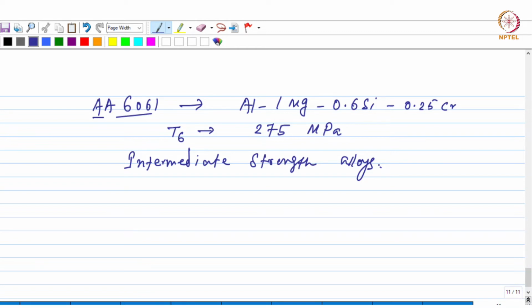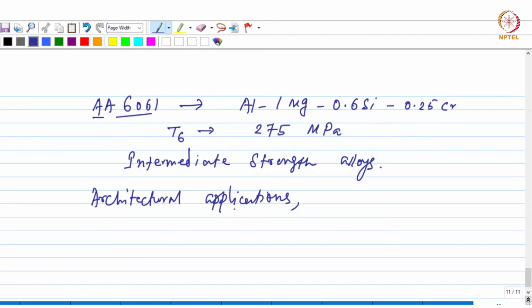Okay, so it is somewhere in between, and they are used in architectural applications where some strength as well as good appearance is needed.